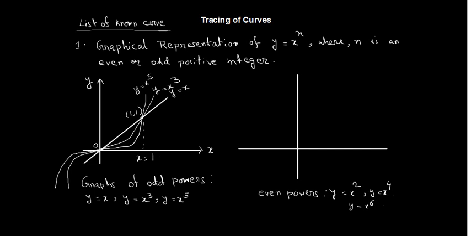This is x axis and y axis. Y equal to x square, y equal to x 4 and y equal to x to the power 6, all will be parabola.